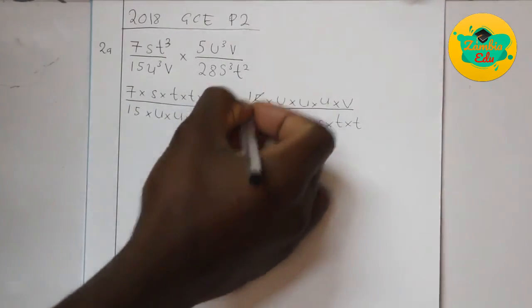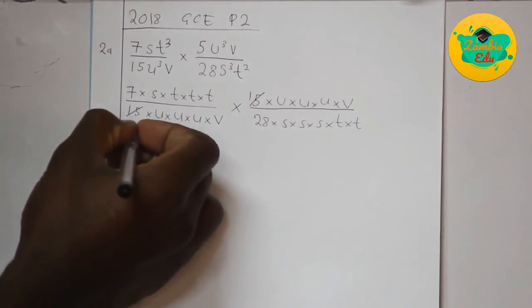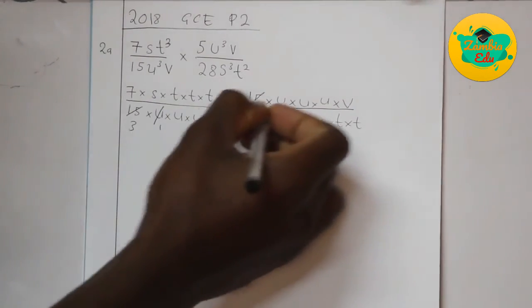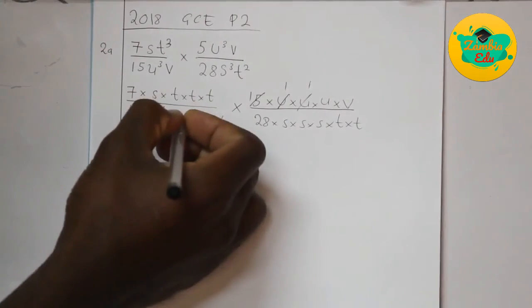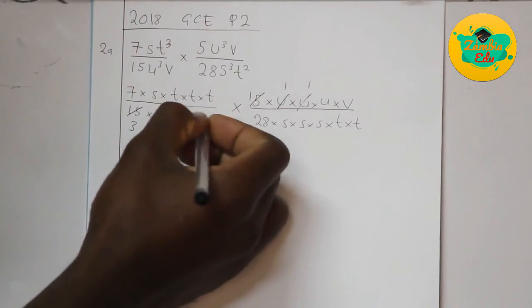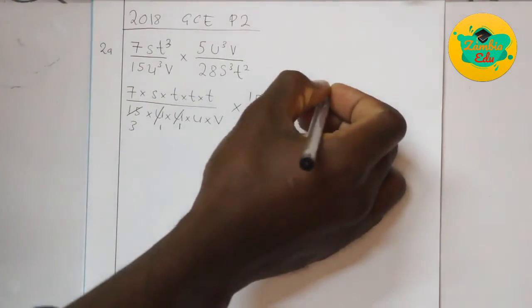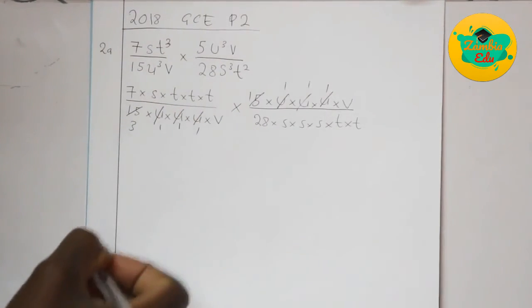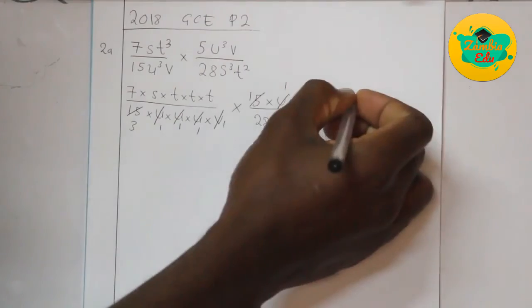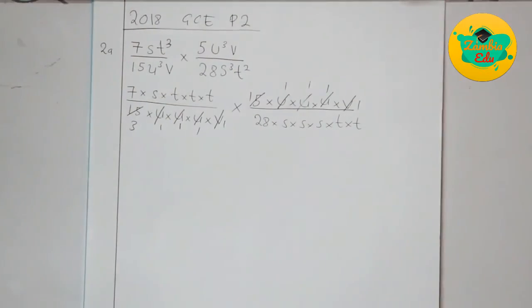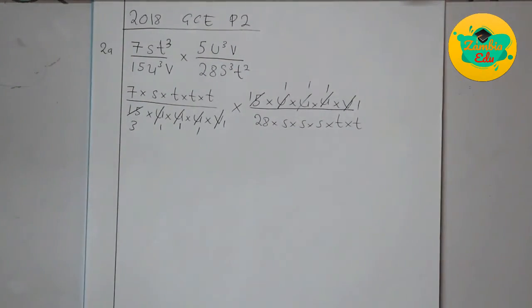So 5 there, 1, 5 there, 3, U there, 1, U there, 1, U there, 1, and that's 1 there. There is another U there, 1, U there, 1. Then V is 1, V, 1 there. So that's it with the diagonals on top.